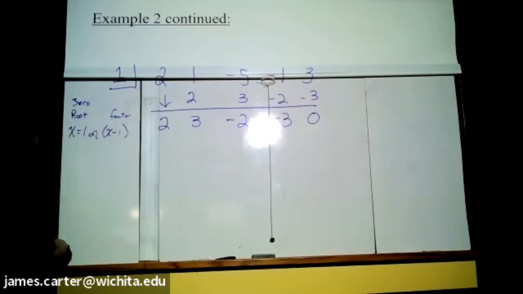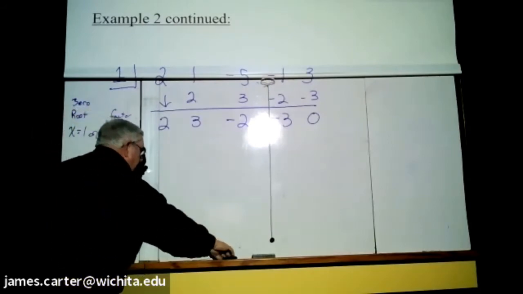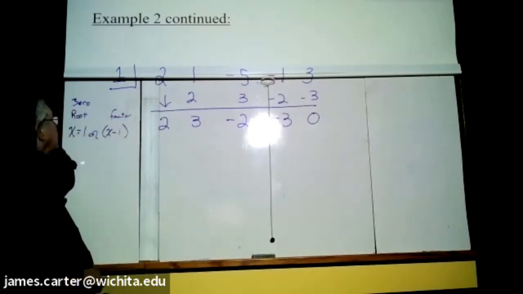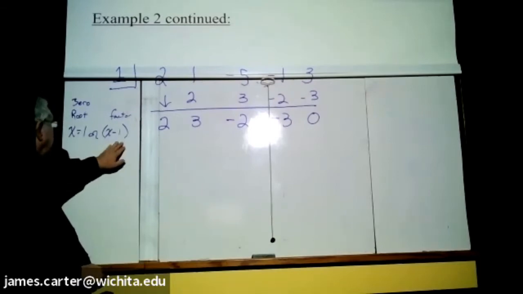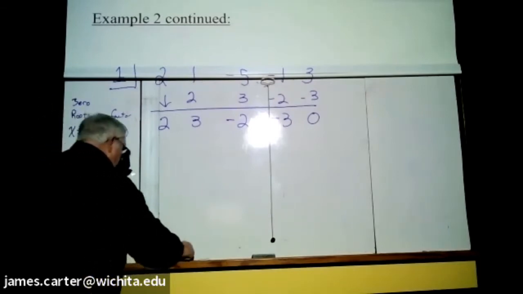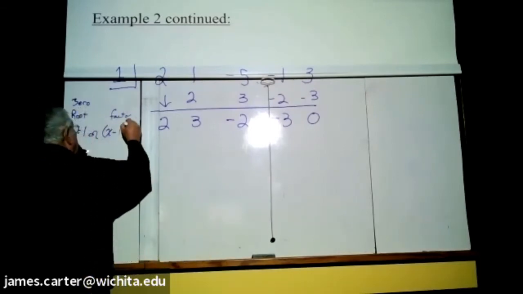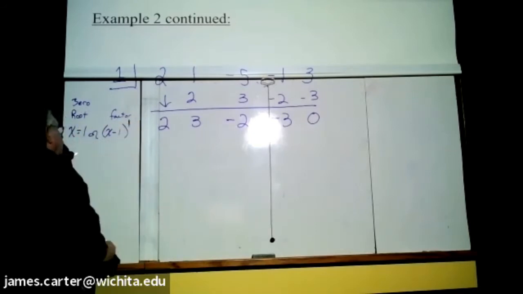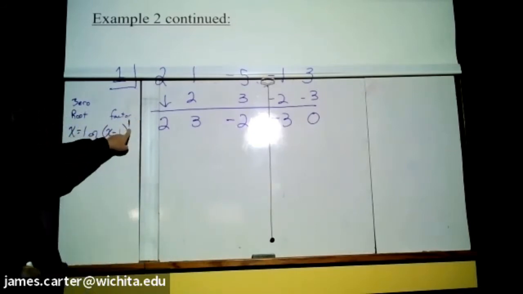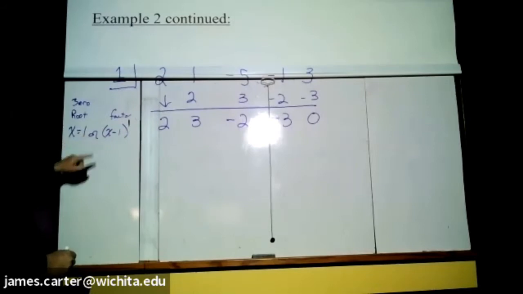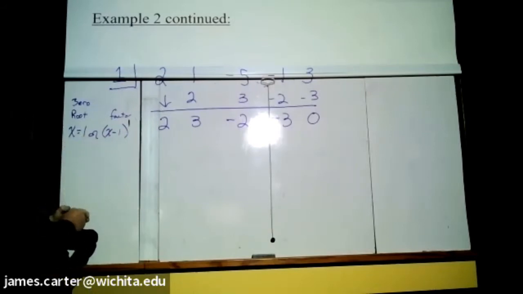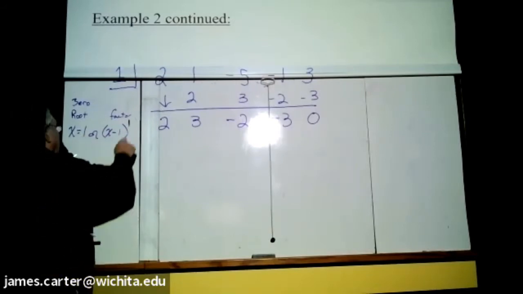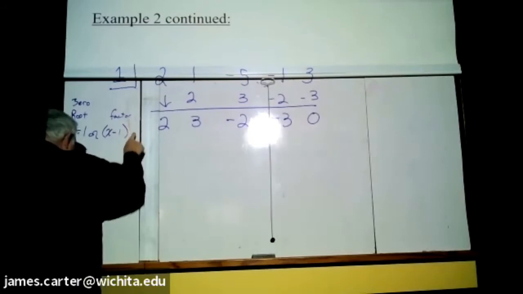Okay, and hopefully I can just leave that there. So we've got this, and what multiplicity is it going to be? It's going to be a multiplicity 1. Well, actually, we don't know that yet.